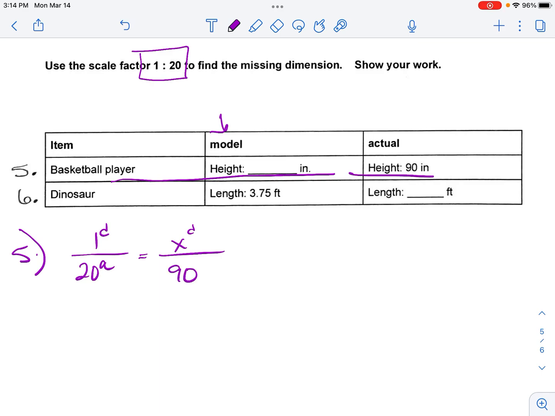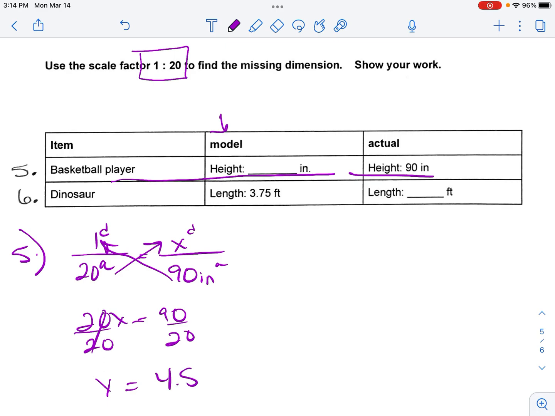We do know the actual is 90 inches. So that's how we would set up our equation, and we can do cross products. 20 times x is 20x, 90 times 1 is 90, and divide by 20. So we will get 4.5 inches is the drawing or the model.